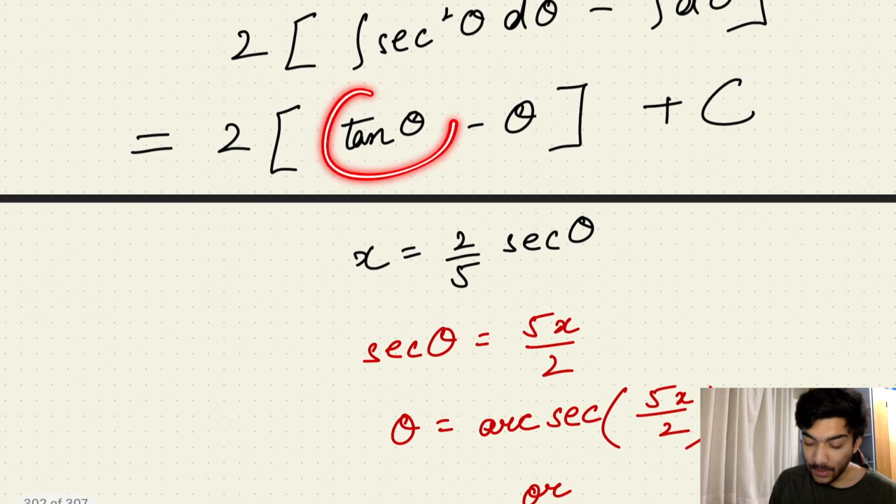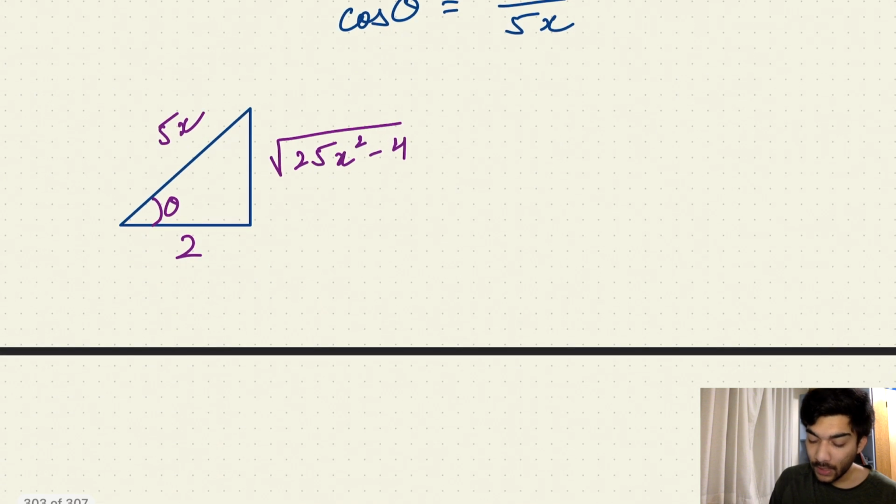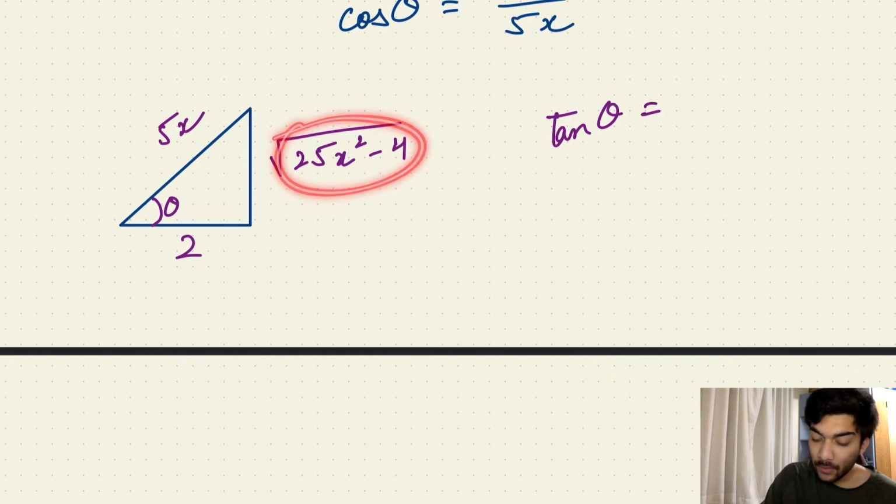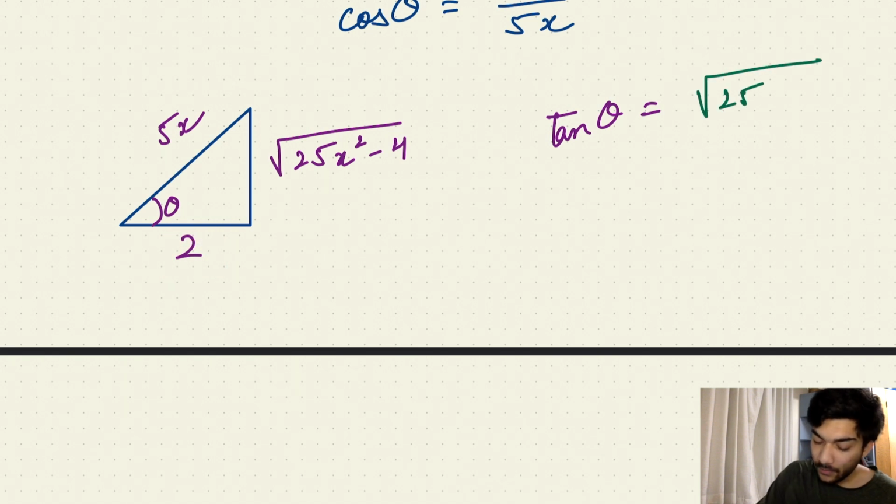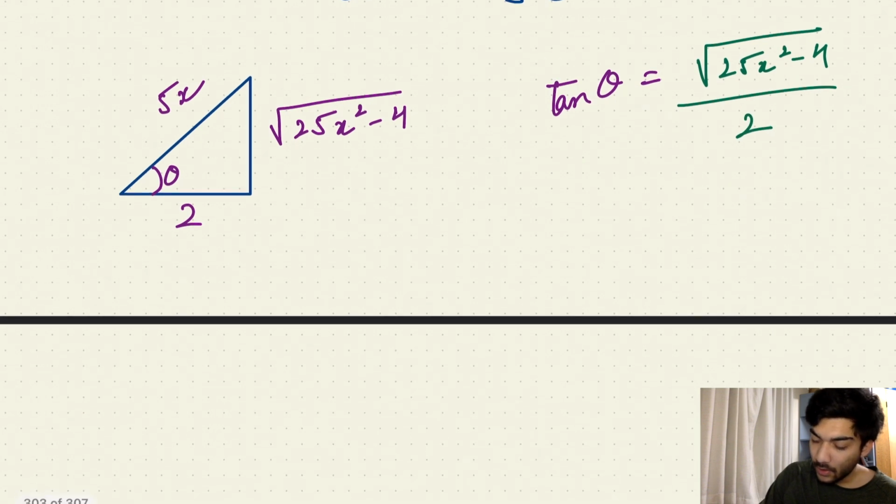We want tan theta at the end, right? We want the answer to tan theta. We know that tan theta is basically perpendicular upon base. So perpendicular is this one, base is this one. So the value of our tan theta would be simply the square root of 25x square minus 4 upon 2.